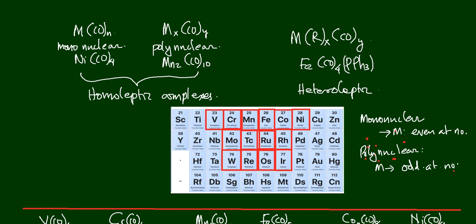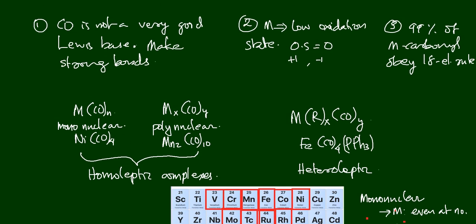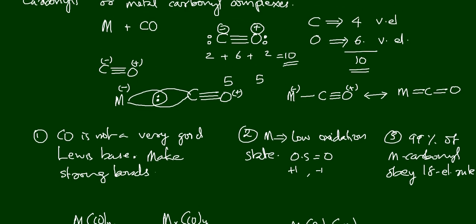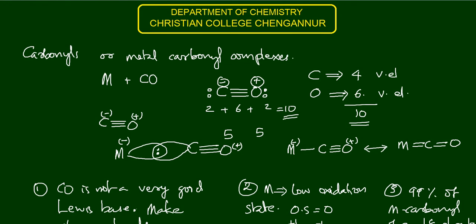I hope you understood this much. Today we talked about the carbonyls, and we saw that the carbon monoxide ligand is making a bond with the metal, and then the metal-carbon bond is established, and such complexes we call metal carbonyls.